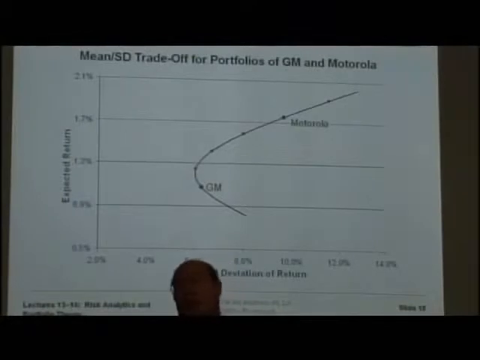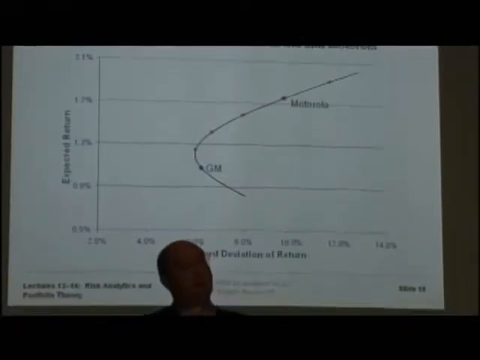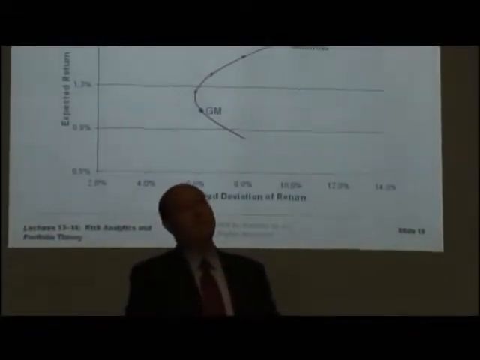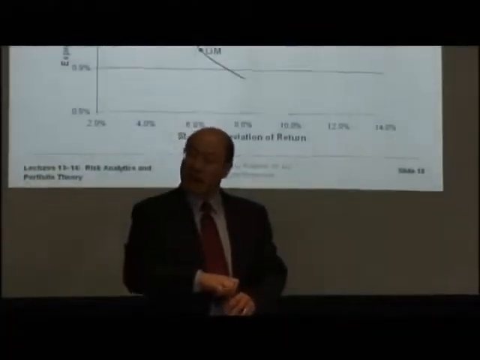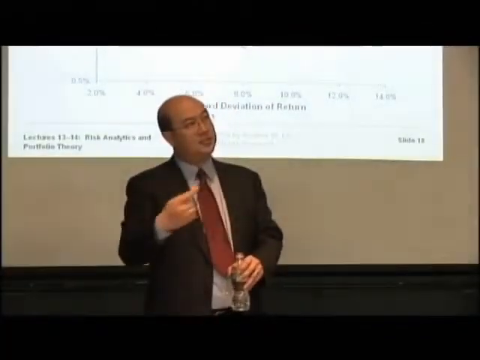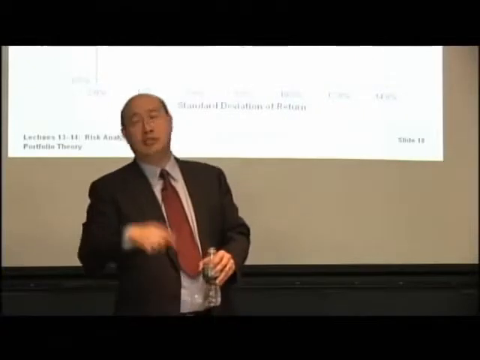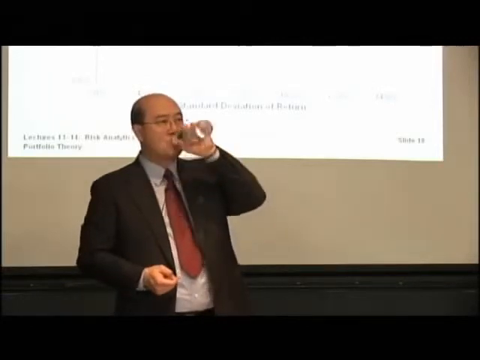That tells you right away that there's something more subtle about portfolio theory than just taking weighted averages. The means are weighted averages, but the variances are not because of the covariance between them. And then when you take the square root to get the standard deviation, it looks a little bit more complicated yet again. It looks like this.